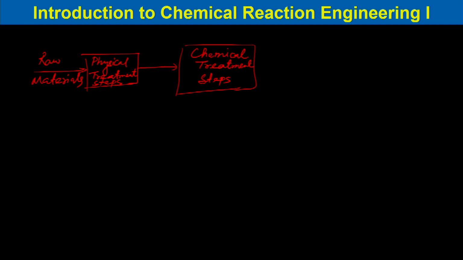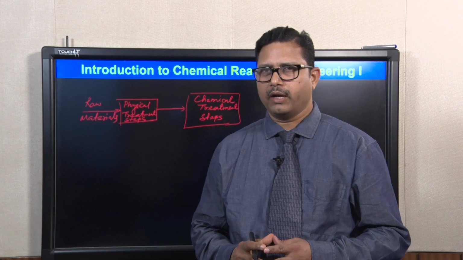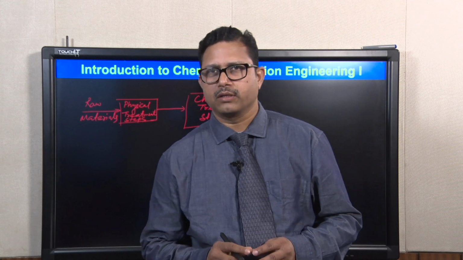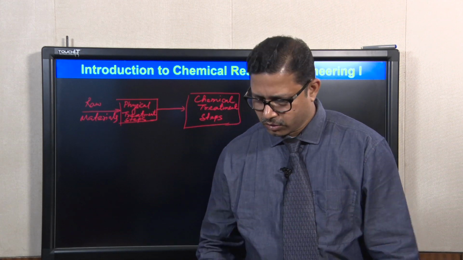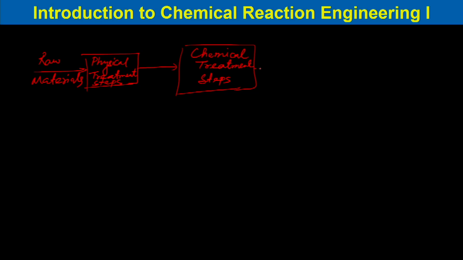Once fed to the chemical reactors, the reactions take place and produce the products. The product may not be pure, so the products go through several physical treatment steps, and then you get the product.